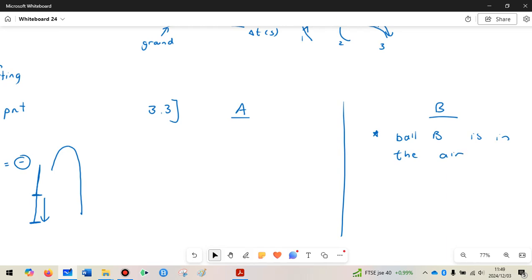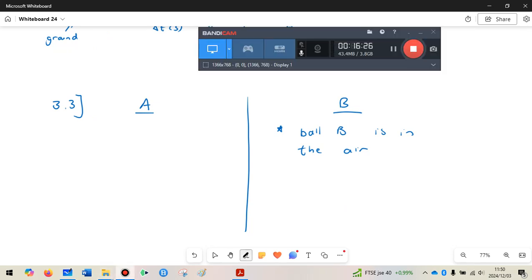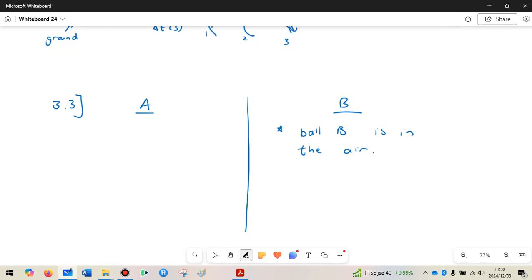Think about whether it's in the air for a second longer than ball A was or shorter than ball A was. So ball B, because it's thrown 1 second later, spends 1 second less time in the air. So its time in the air is actually the time that A spent minus a second.